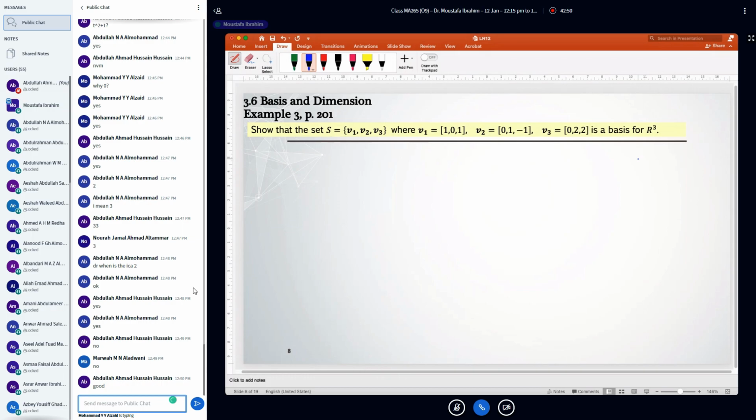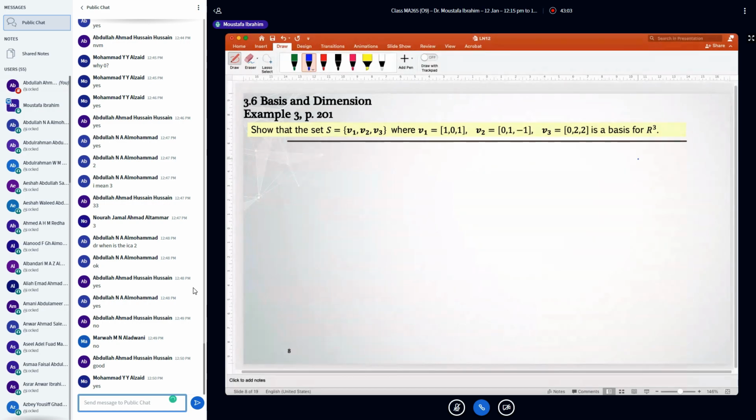Because to have a basis, you need a set with number of elements equal to the dimension and to be span plus linearly independent. But if the number is different than the dimension, then no need to prove it's span, no need to prove it's linearly independent. It's not a basis. So here we have three. Maybe it's a basis.